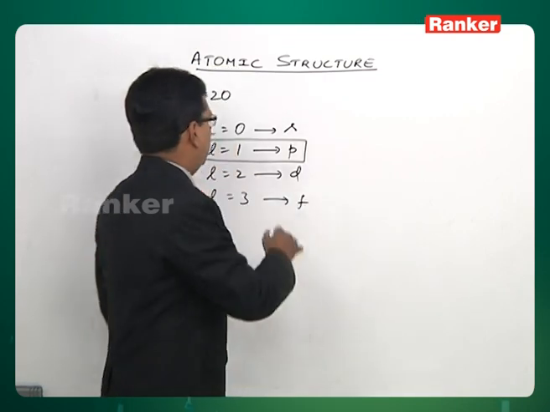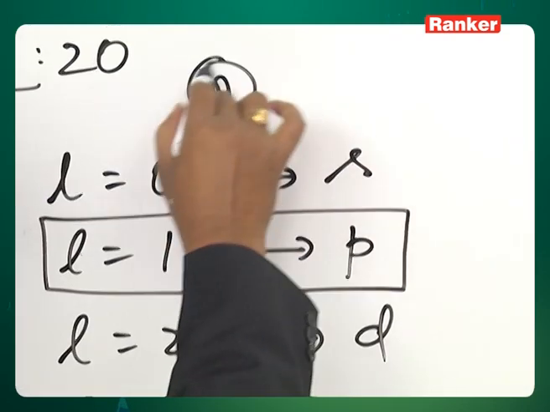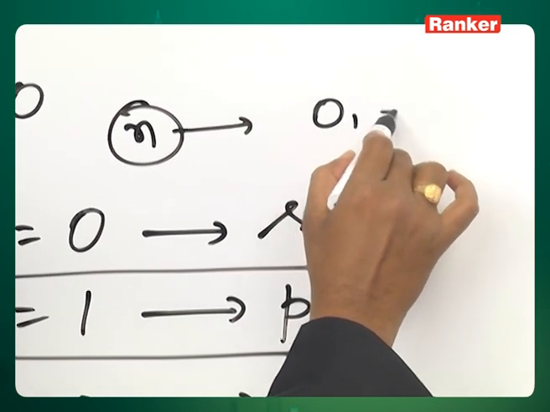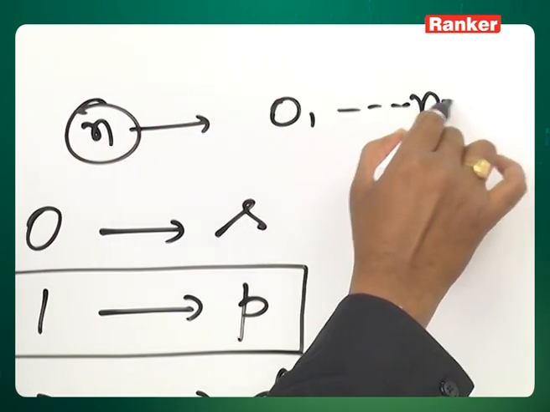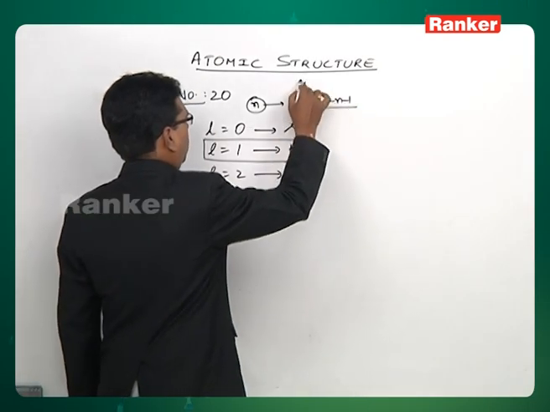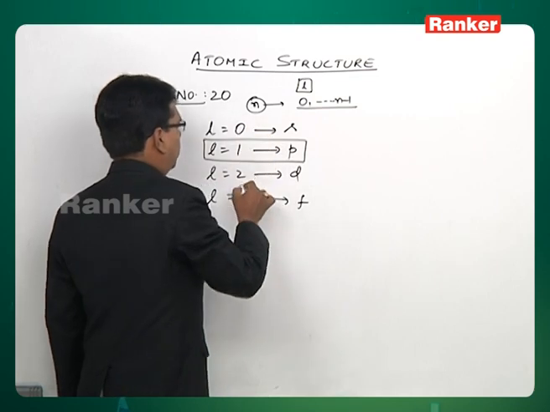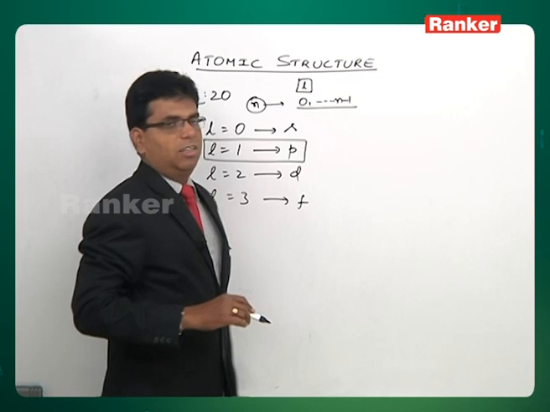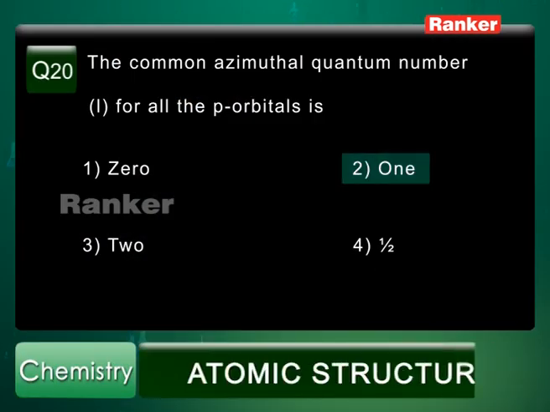If the principal quantum number is n, then the azimuthal quantum number L will range from 0 to n minus 1. L is equal to 1 indicates that the electron is in the p orbital. So the correct answer is option 2.